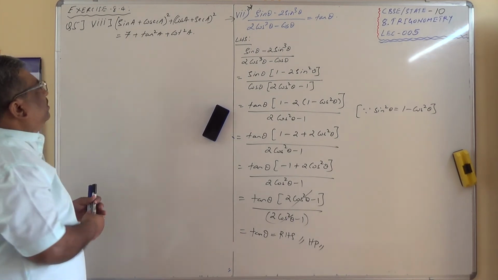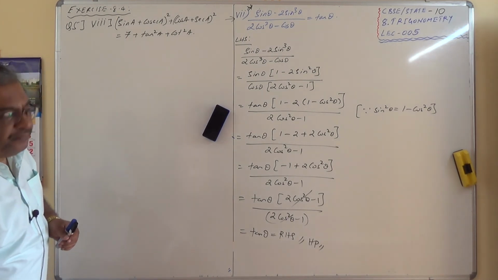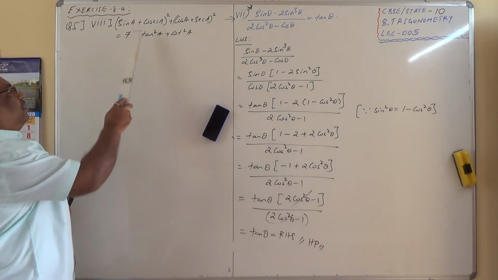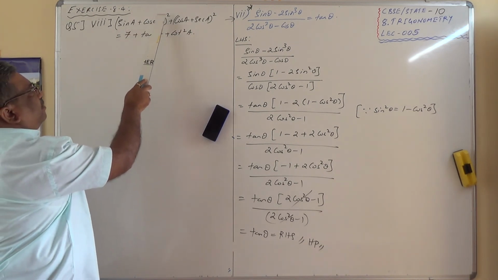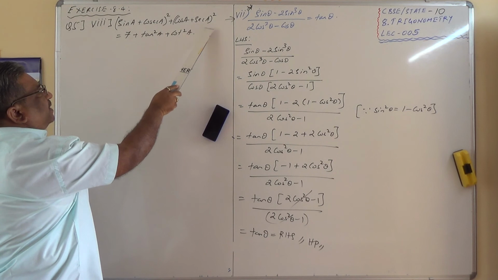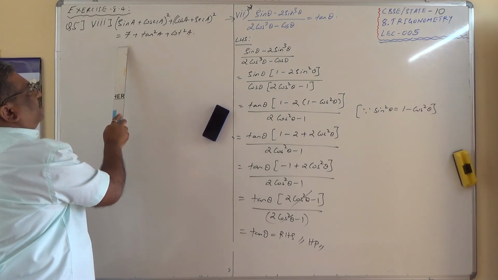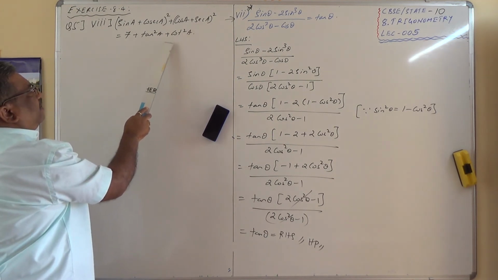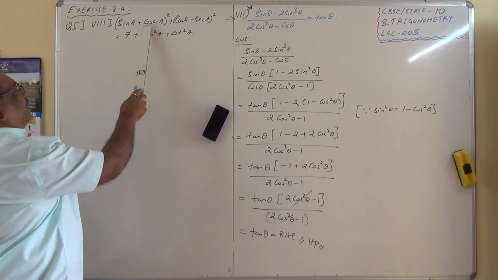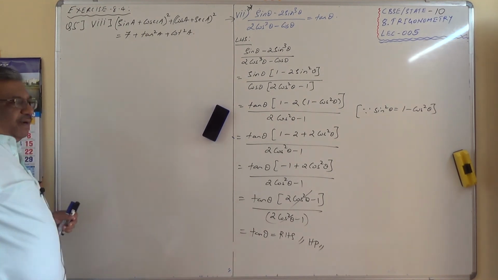Next question. Sin A plus cosec A the whole square plus cos A plus sec A the whole square equals 7 plus tan square A plus cot square A. I'll take the left hand side and try to arrive at the right side.